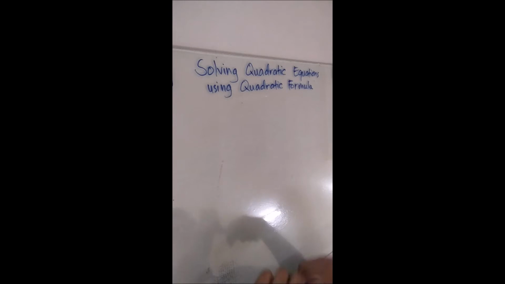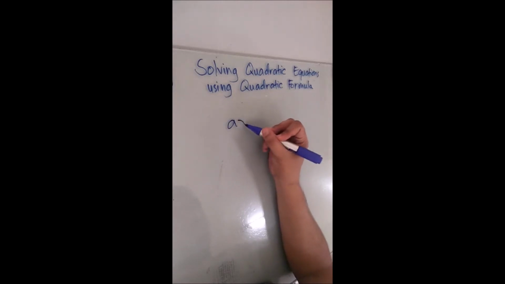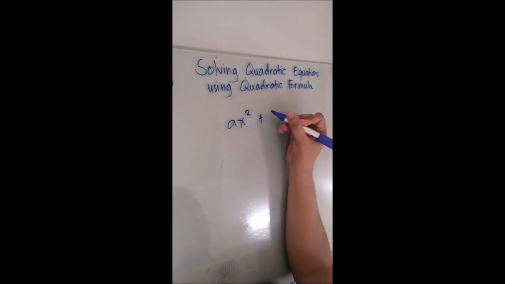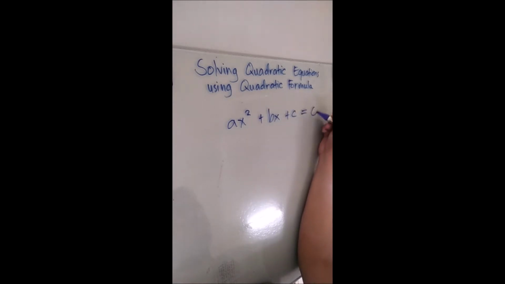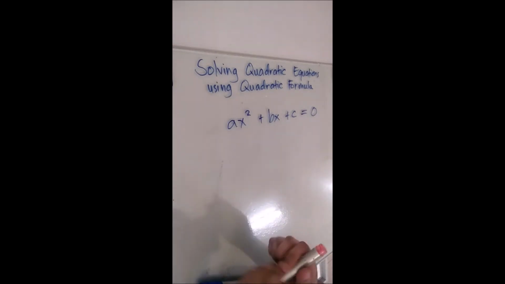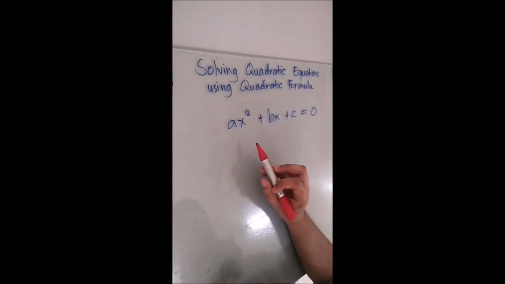Let's remember that a quadratic equation has a standard form: ax squared plus bx plus c is equal to 0. In our first meeting, we discussed this quadratic equation.